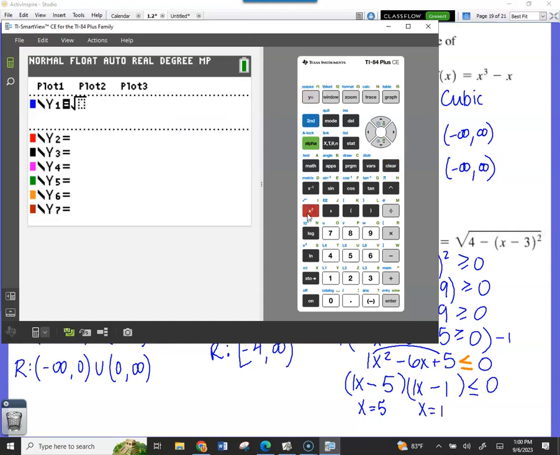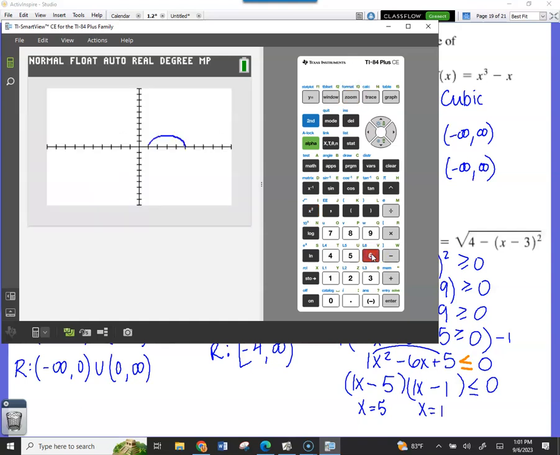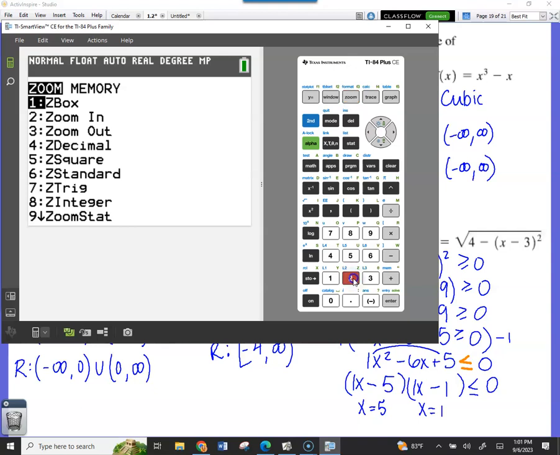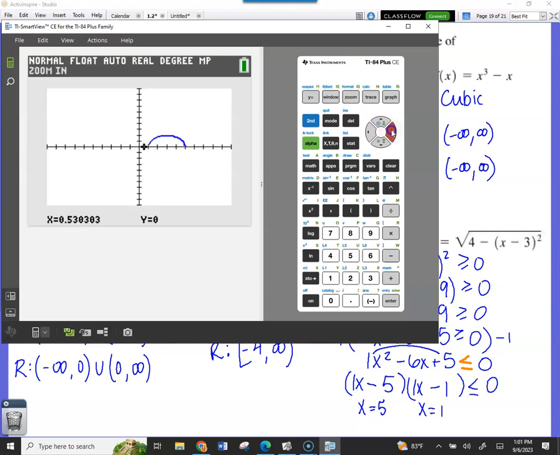Square root of 4 minus parentheses x minus 3 close parentheses squared. Zoom 6. I'm going to zoom in, and I'm going to move it over. Isn't it cute?